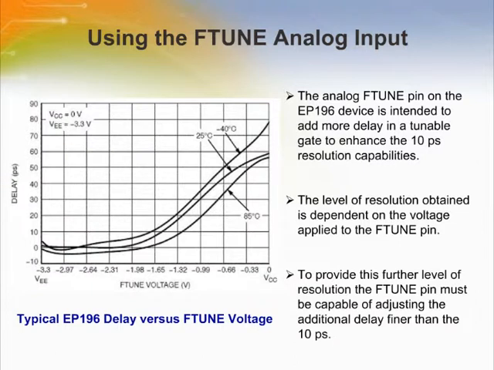This extra analog range ensures that the FTUNE pin will be capable, even under worst-case conditions, of covering a digital resolution. There are numerous voltage ranges which can be used to cover a given delay range. Users are given the flexibility to determine which one best fits their designs.